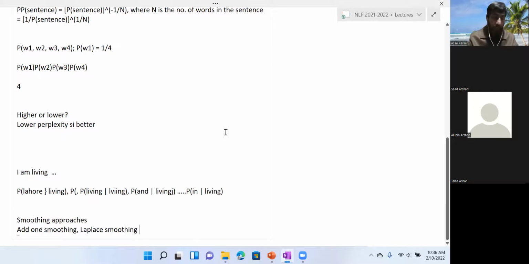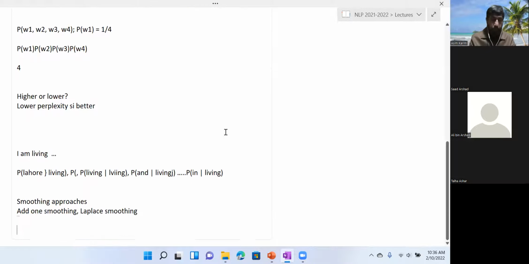If you look into the machine learning theory of this, it means that you're assuming a prior distribution of that particular event, in this case, of course, a word or bigram. But we won't go into that mathematical detail. We will just show you the formula. So what is the add one smoothing formula? Basically, we assume that for each word, we are adding one more word.